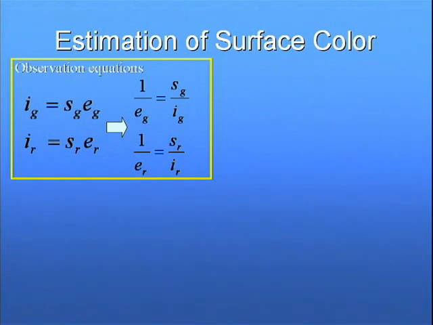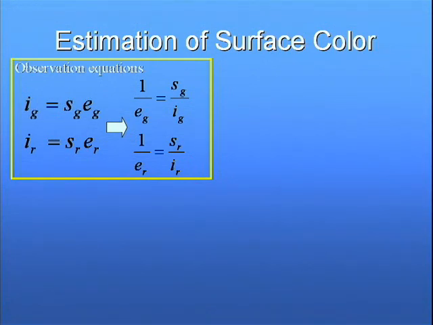Now, this is an observation equation. When you observe, you obtain IG and IR. And SG, EG, SR, ER are unknown. This equation can be slightly modified like this in order to make inverse relations. Basically, what I did was divide both terms by IG, and divide EG and IG.